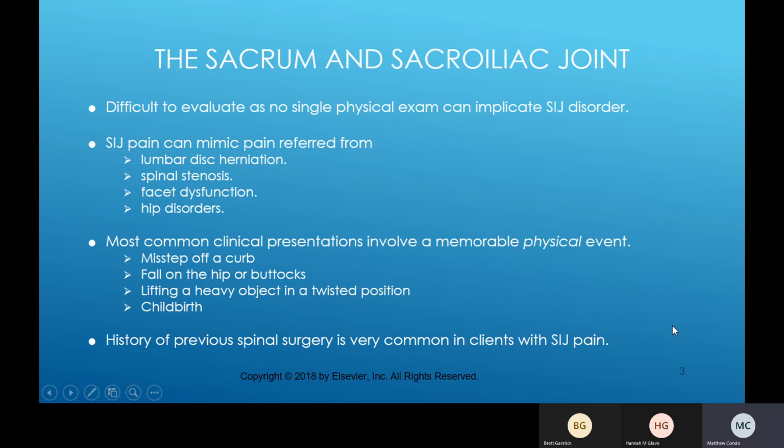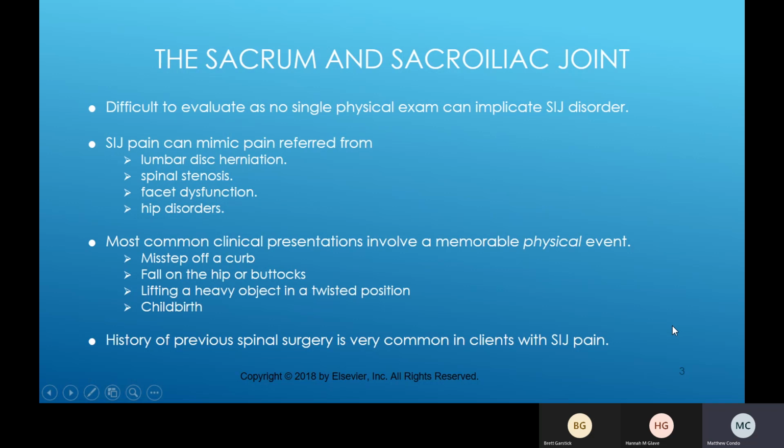So SI joint pain can be referred from a lumbar disc, right? I can have something like a radiculopathy that refers down to the SI joint. Spinal stenosis can do that as well. I can have some sort of facet joint arthropathy that refers into my SI joint. Or I can maybe have a hip disorder, right?